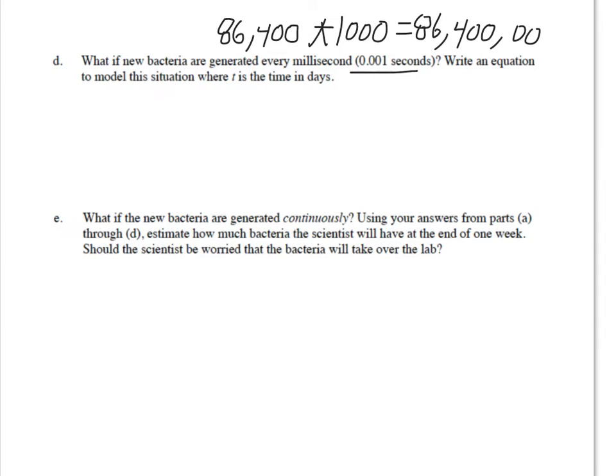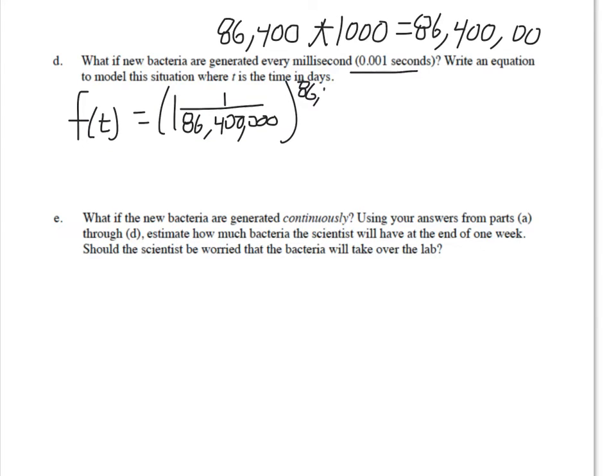So we're going to compound 86,400,000 times. That equation, f of t, is going to equal 1 and 1 over 86,400,000 raised to the 86,400,000 t.